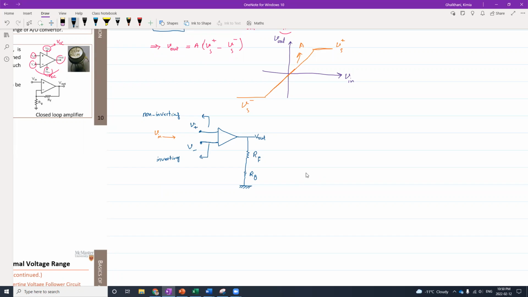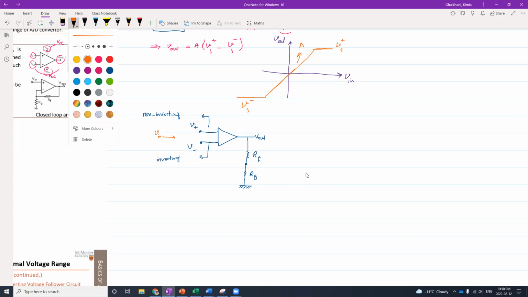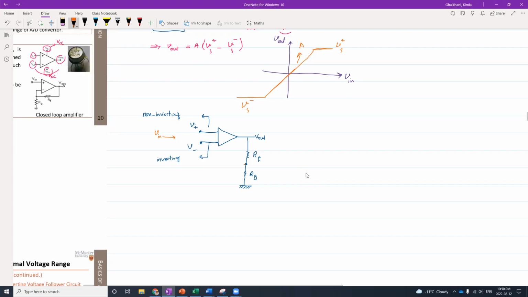Now, where should I apply the voltage? Since I'm going to create a closed loop op-amp, I'm going to apply the voltage right in here. So then I'm going to connect it like this. This is going to be connected to my inverting voltage, which is the negative terminal, right?